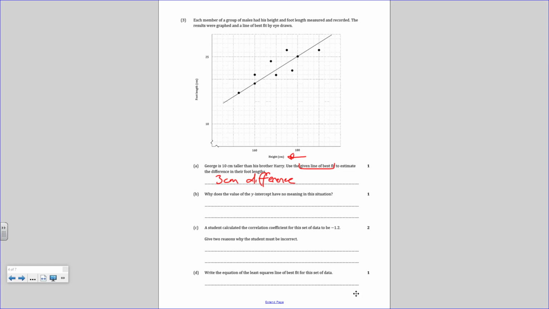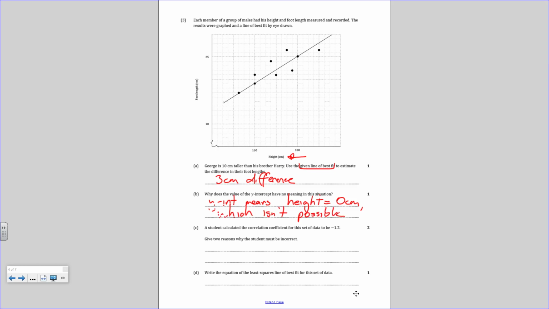But if you're saying that x equals 0, that means you have a person who's 0 centimeters tall, like they don't exist. So basically, you can say a y-intercept means height equals 0 centimeters, which isn't possible.